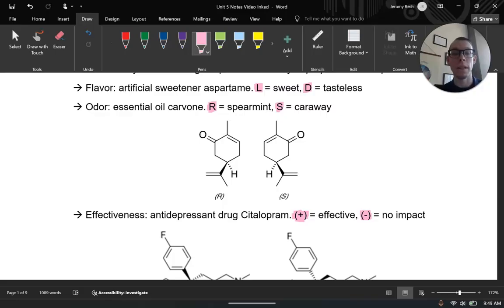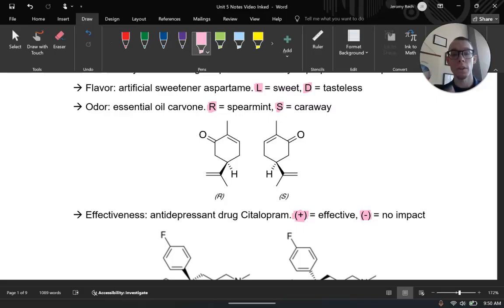And we're going to be getting all the fundamental knowledge in this video to be able to define those R and S, plus and minuses, L's and D's, and in class we'll focus on the actual description for those. The key difference is in each of those letters or signs, there's a difference in the arrangement of atoms, much like how my right hand and my left hand are a little bit different. And we can see a huge difference in terms of properties.